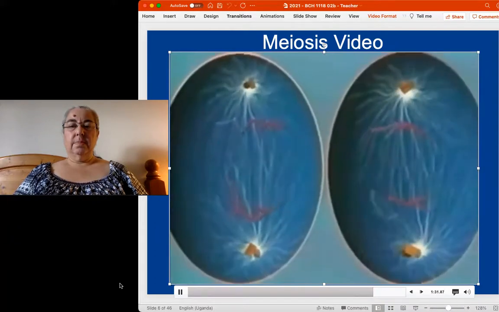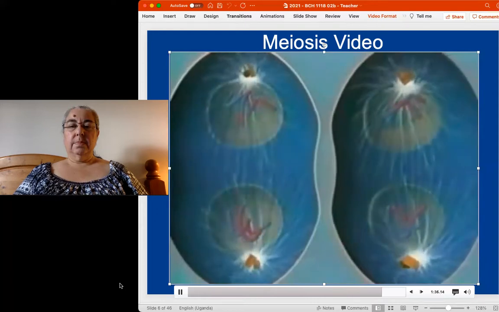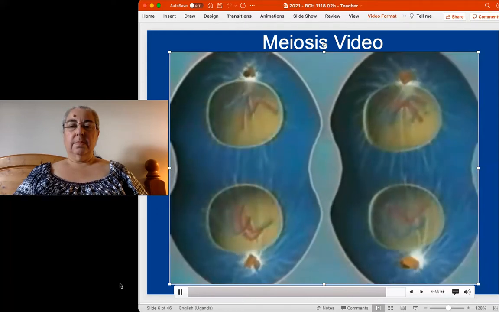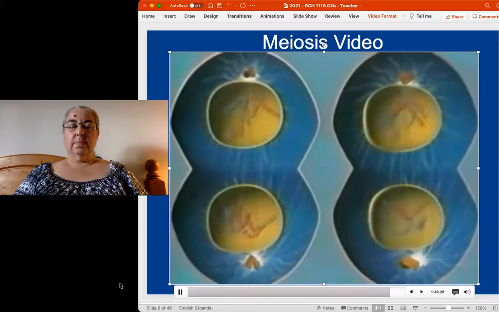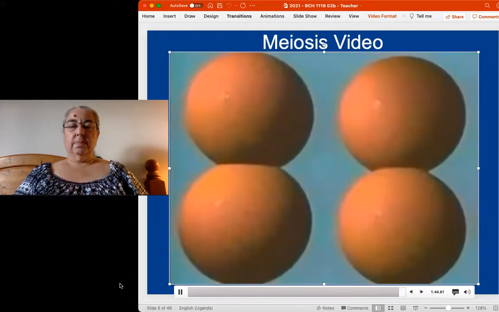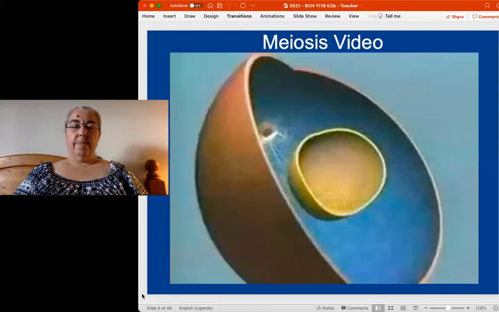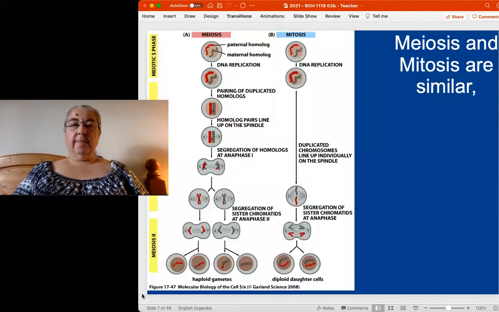Because they carry half the genetic information, we call these haploid cells. Many of them will mature into sperm and eggs, the reproductive cells called gametes.